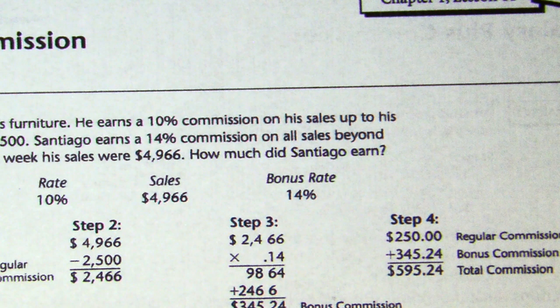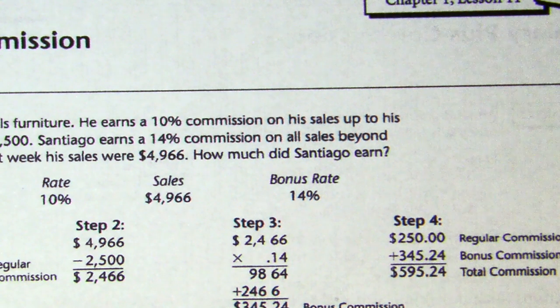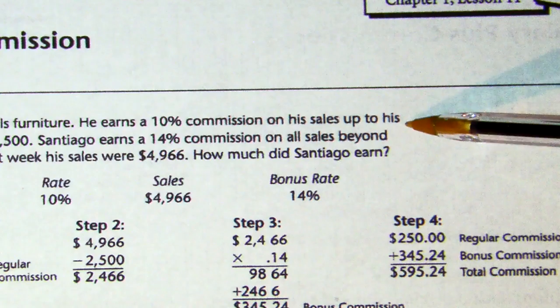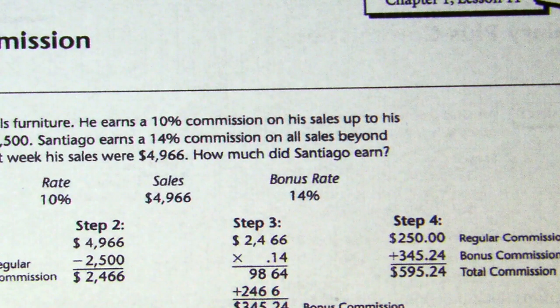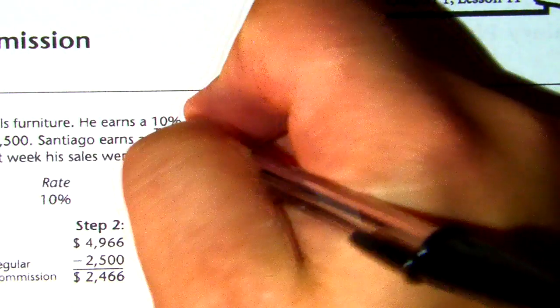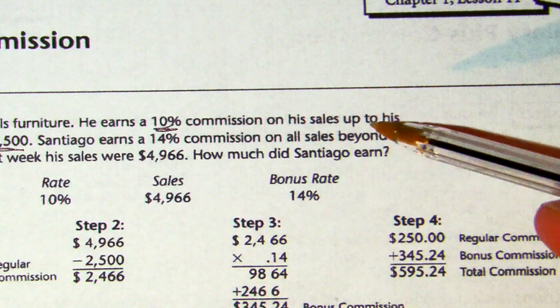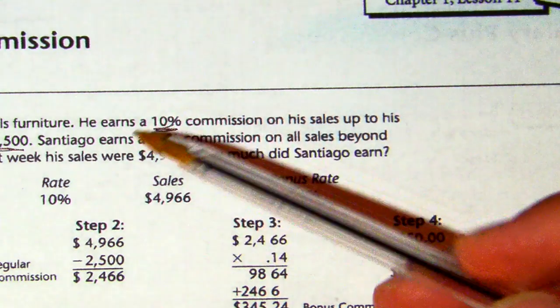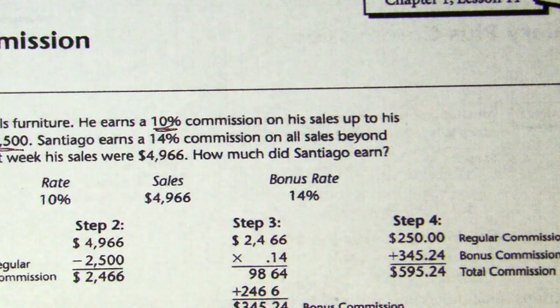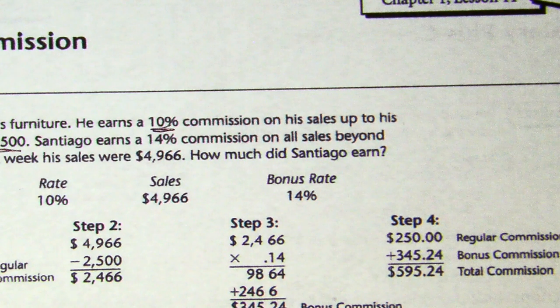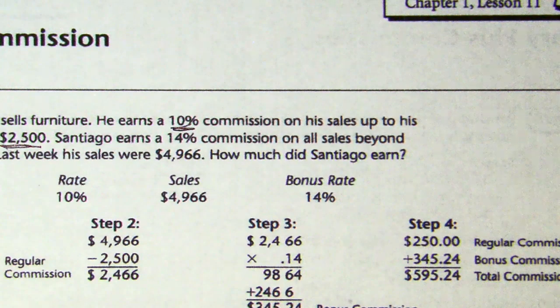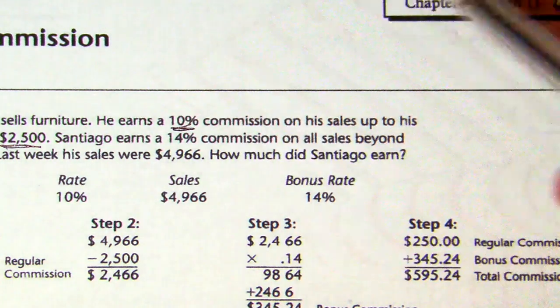It says Santiago sells furniture. He earns 10% commission on his sales up to a quota of $2,500. So 10% on the first $2,500 is what he's going to earn. Santiago earns 14% commission on all sales beyond $2,500.